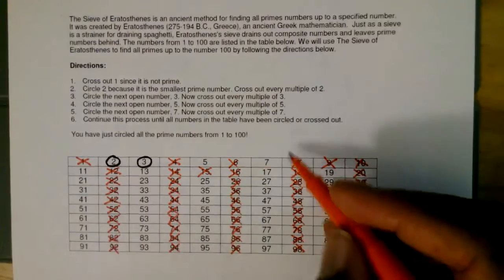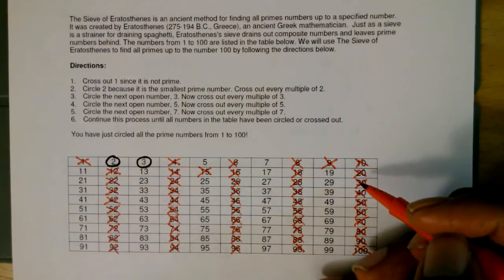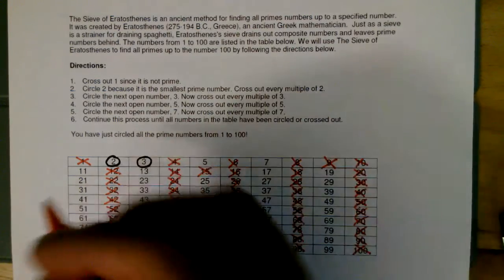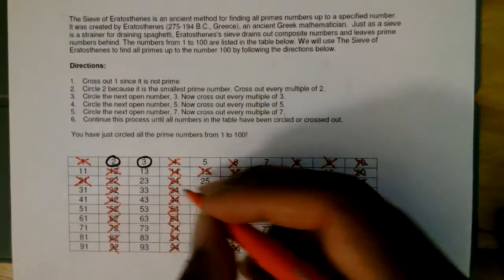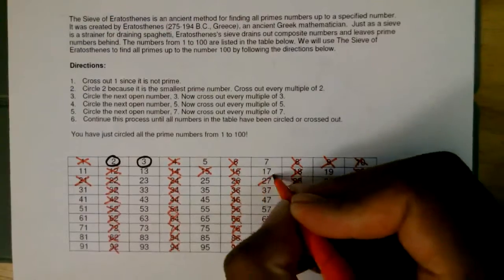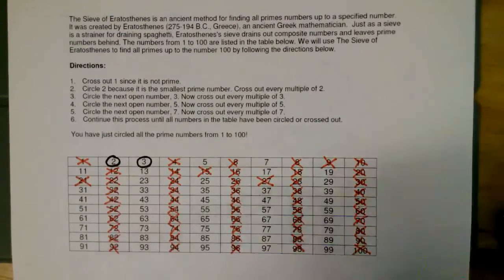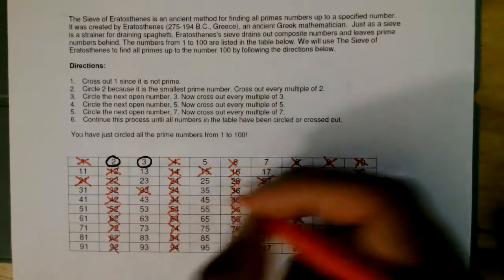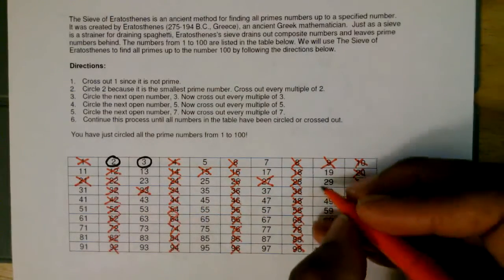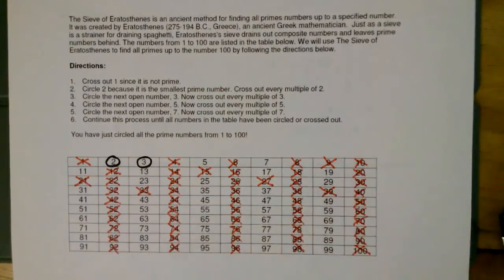We can cross that out. 18 is a multiple of 3. That's already gone. 21 is a multiple of 3. Cross that out. Then 24, 27. Cross that out. Then 30. And then 33 can be crossed out. 36 is already gone. 39, we can cross that out.